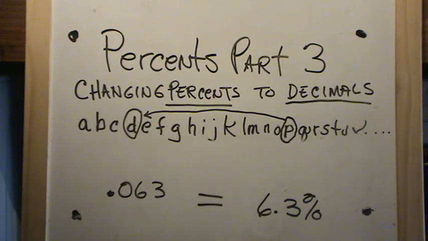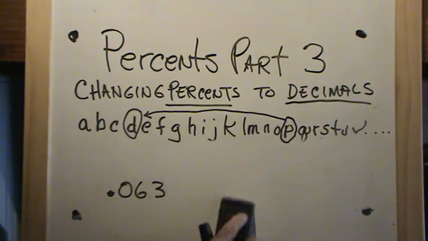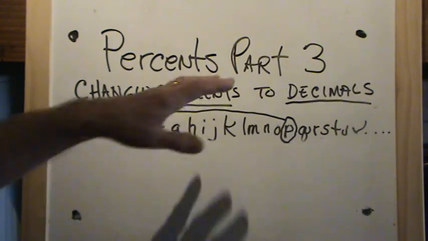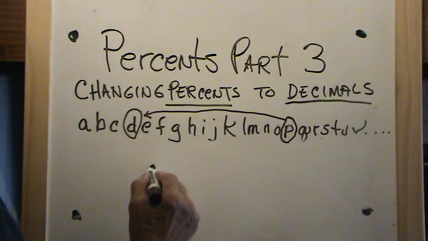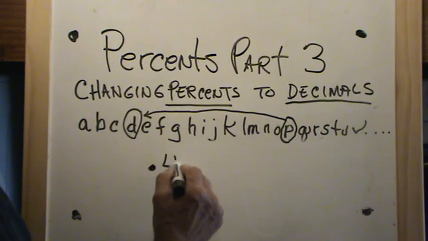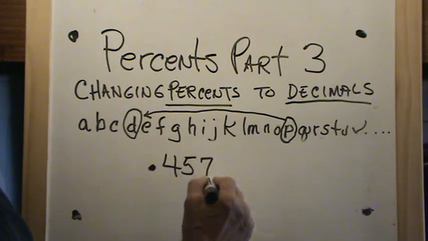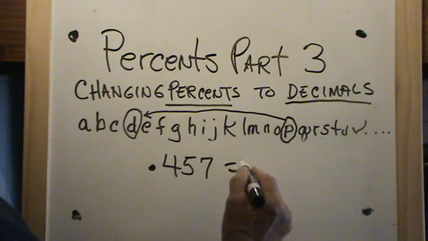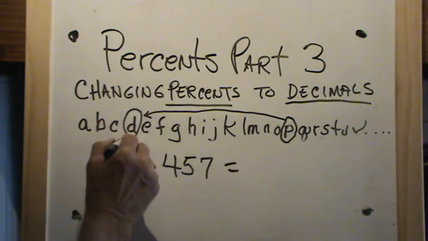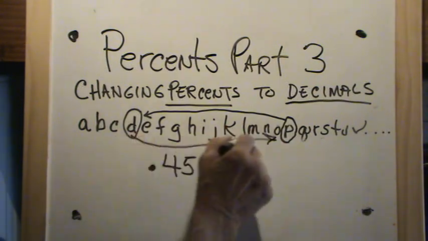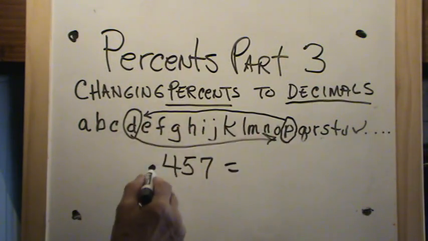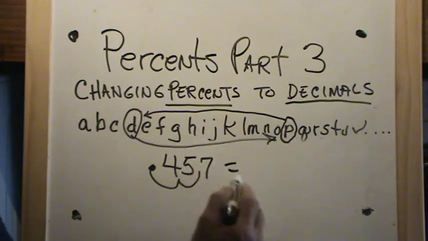Excellent. So, quick review. I'm going to review parts 2 and 3. If we're changing a decimal to a percent, since we're going from D to P, we know we have to move 2 places to the right. 1, 2.